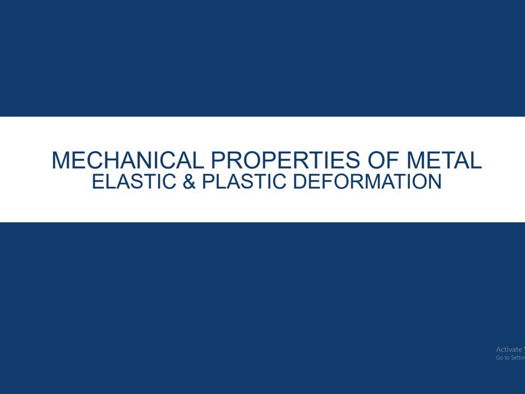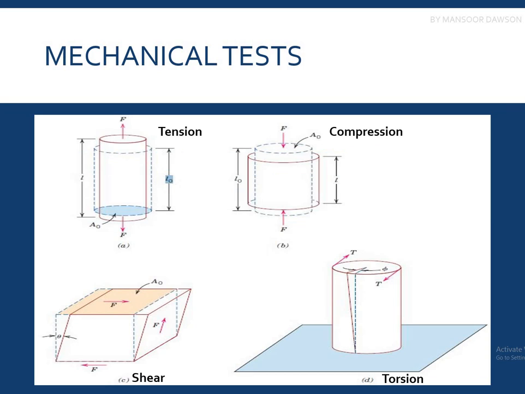In this video we'll be studying some mechanical properties of metals, and we'll also be discussing elastic and plastic deformation. So, mechanical tests: in this you can see four figures, one of tension, compression, shear, and the other of torsion.